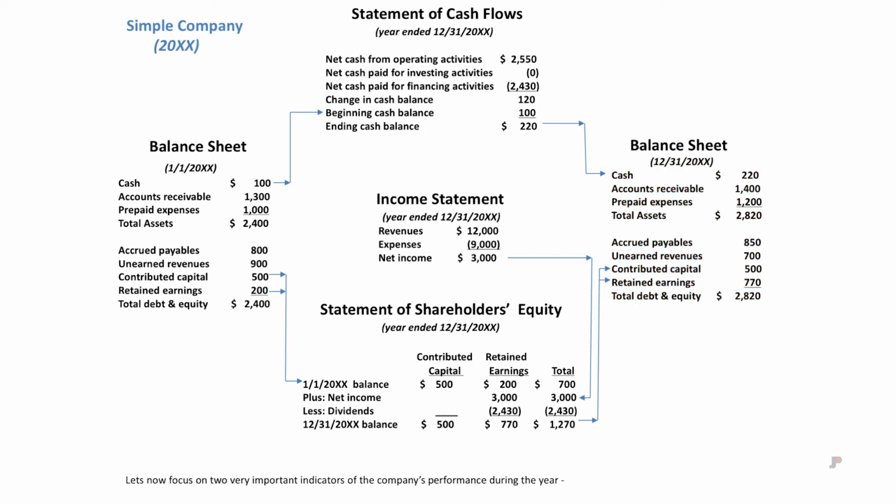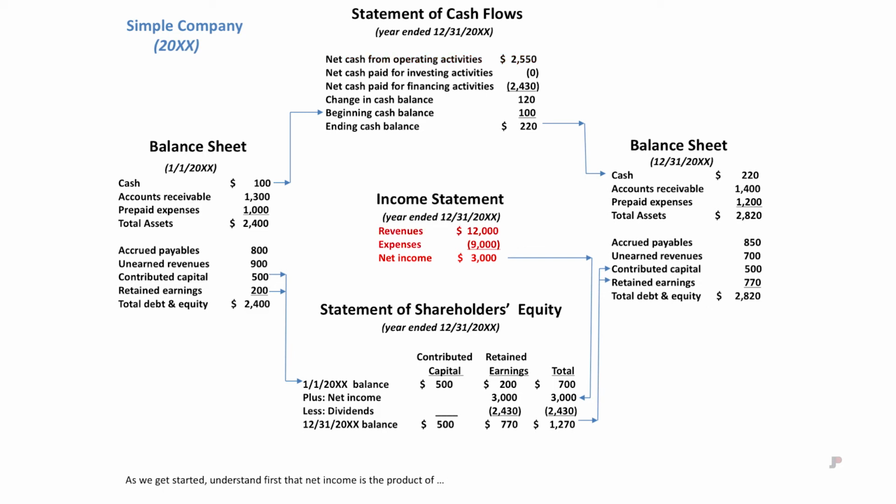Let's now focus on two very important indicators of the company's performance during the year: net income and net cash from operating activities. And now let's explore why these two measures of operating performance have different values.